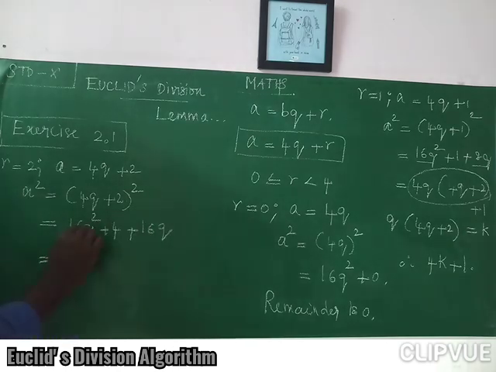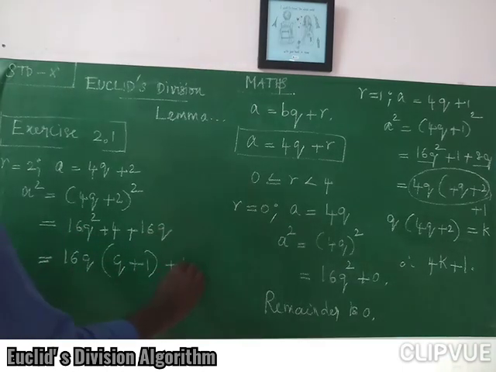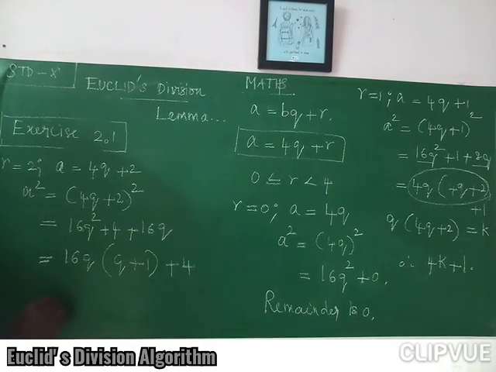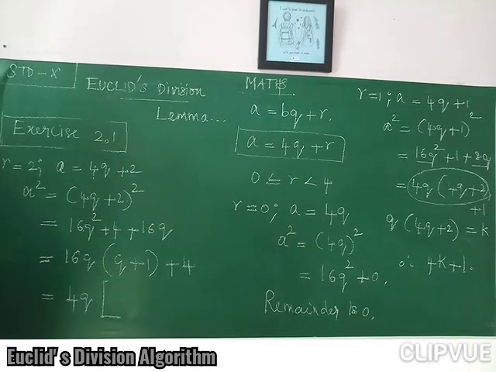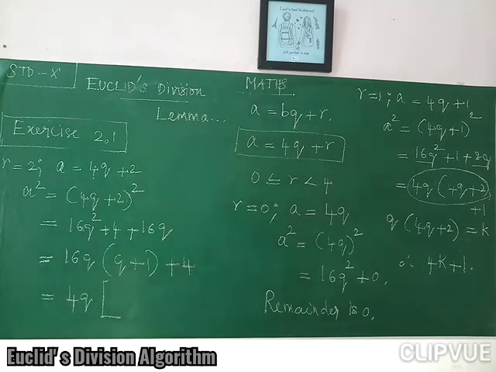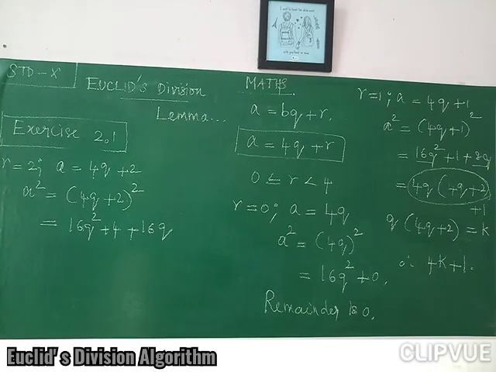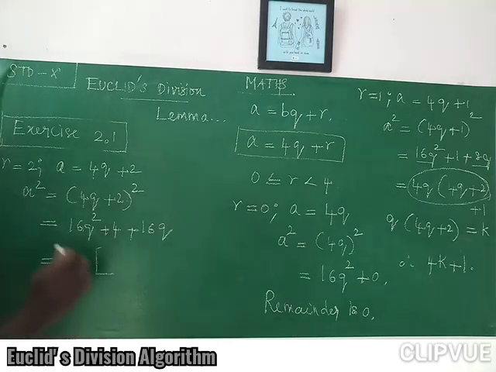So from the first one and the third one we can take 16q out. If you take 16q out, q plus 1 plus 4. Again you can take 4 out. 4 is a common factor. If you take 4 out, what do we get here?